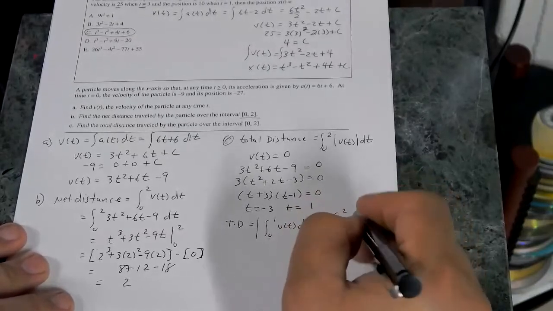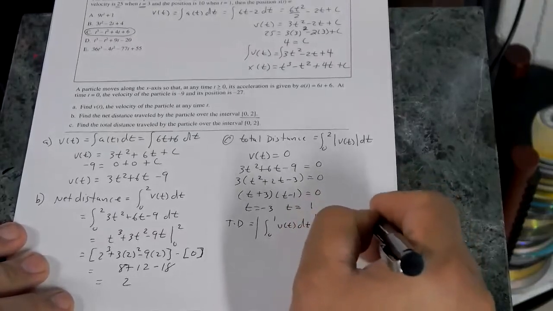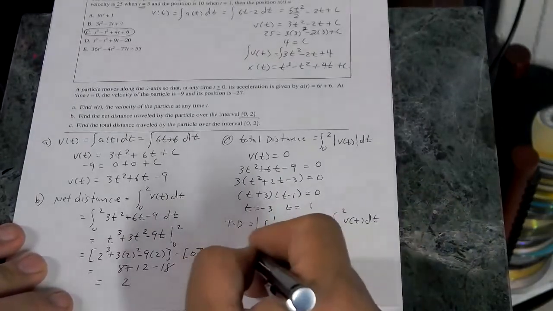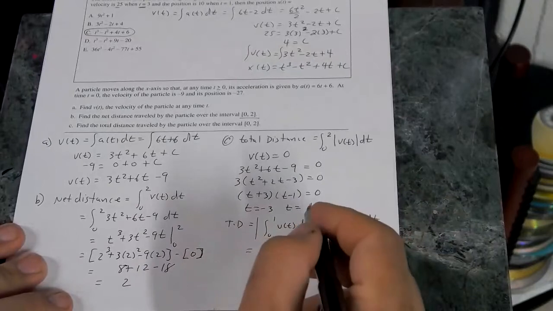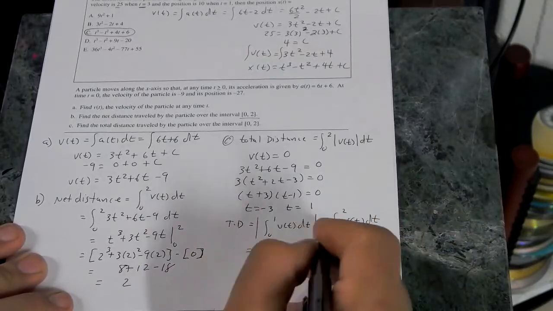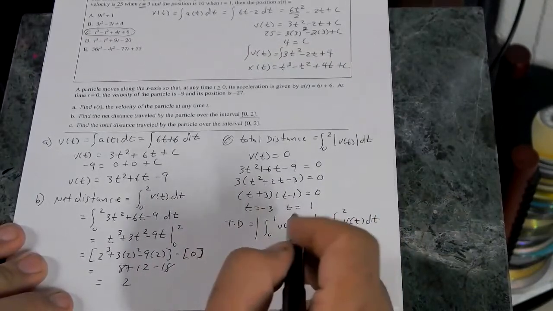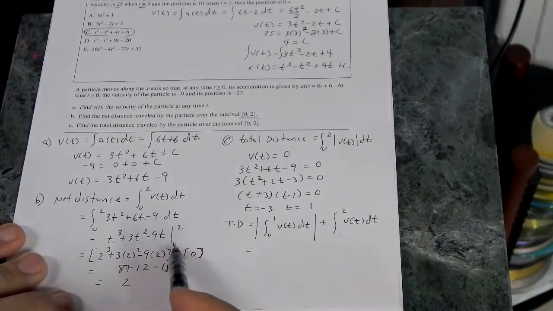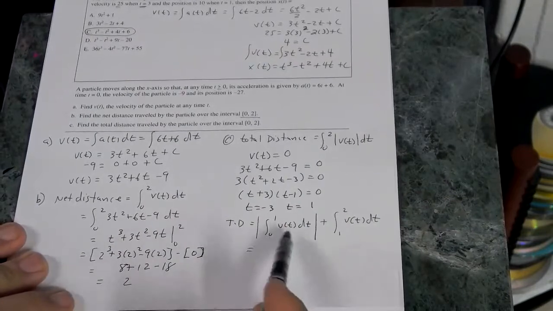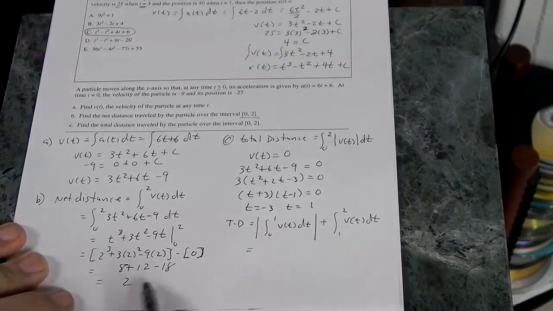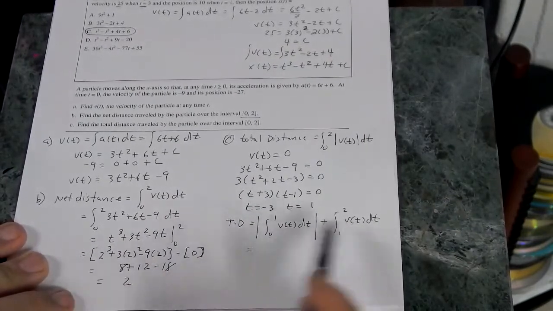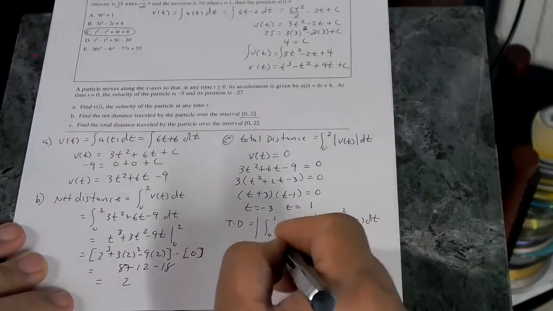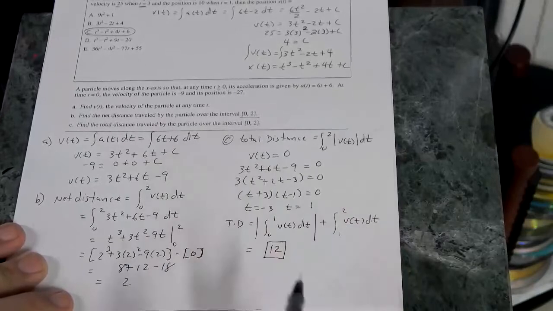Okay, I'm just going to use my calculator for this. Here's the integral of v of t. Just plug it in from 0 to 1, getting the absolute value if it was negative or positive. And then from 1 to 2, plug that in. You find out that you end up with your total distance to be 12.